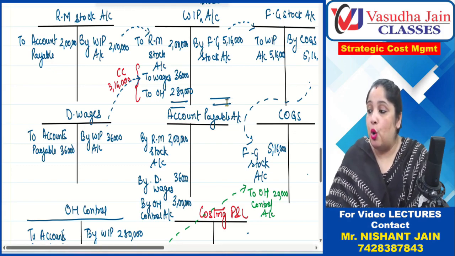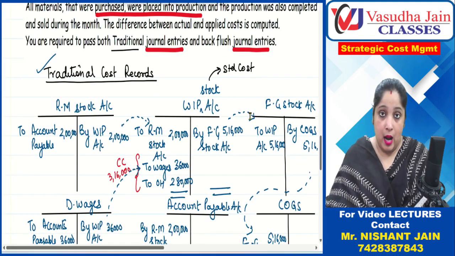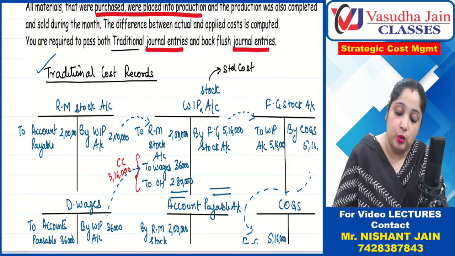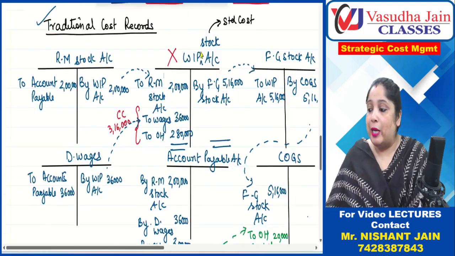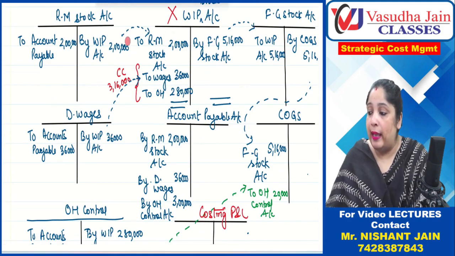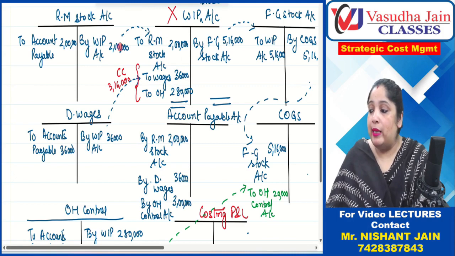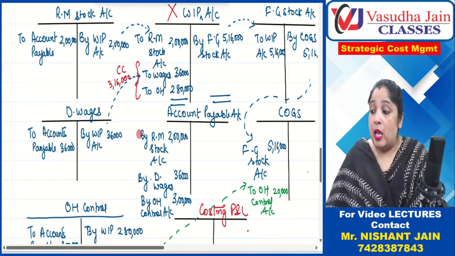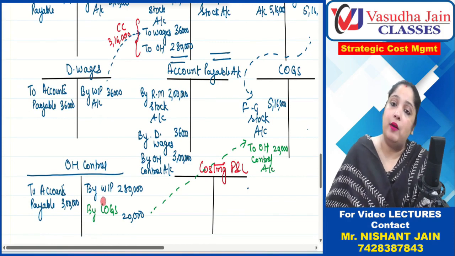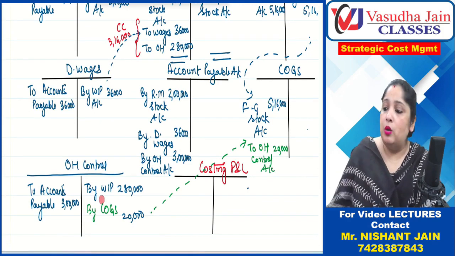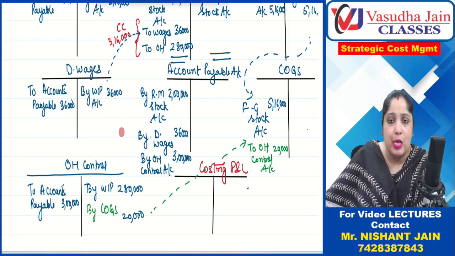Okay, so we are now under backflush accounting. I have told you this account will not be prepared. So instead of passing the entry here, we are going to directly transfer to finished goods. Raw material 2 lakh will be transferred here. Instead of wages and overheads control account, you can directly make one conversion cost account, or you can make two accounts also. It's equivalent.